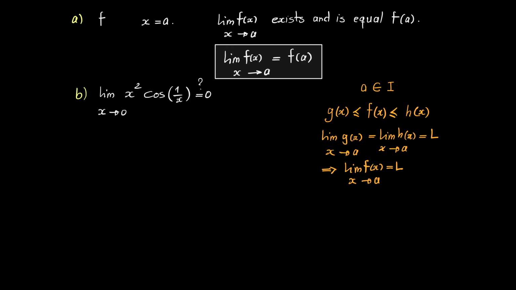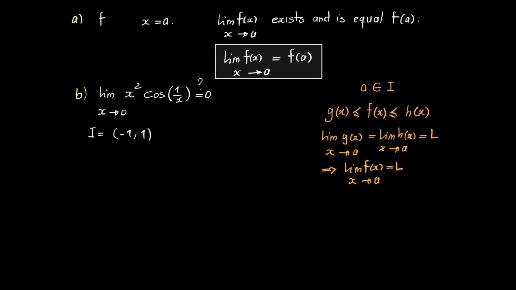But as you will see here, this will help us. Let me consider my interval to be, for example, the open interval from -1 to 1, and then let me introduce some functions here.